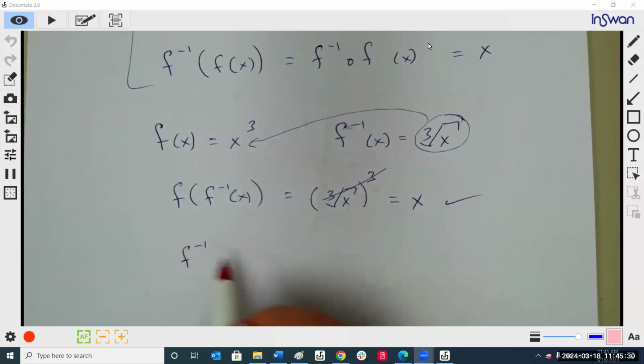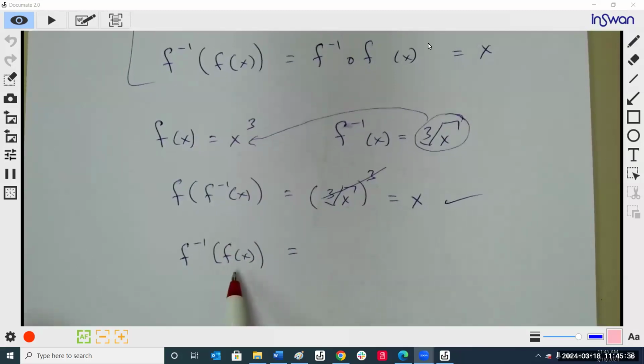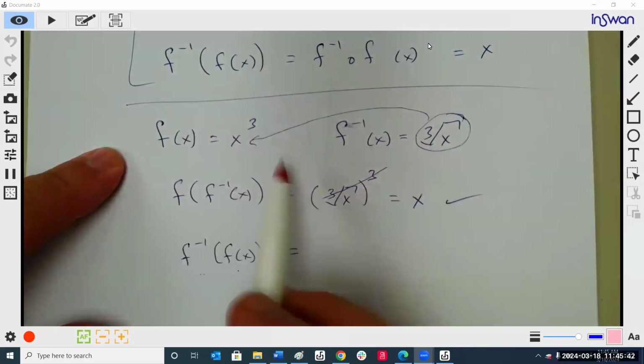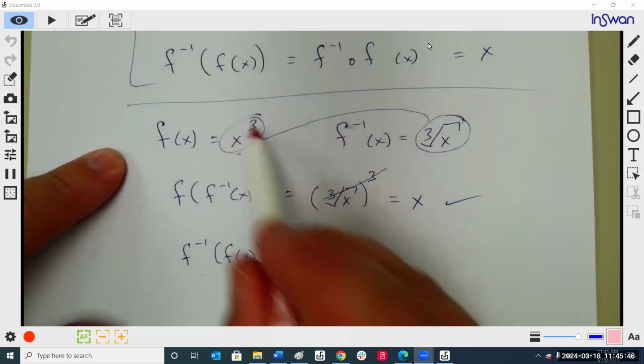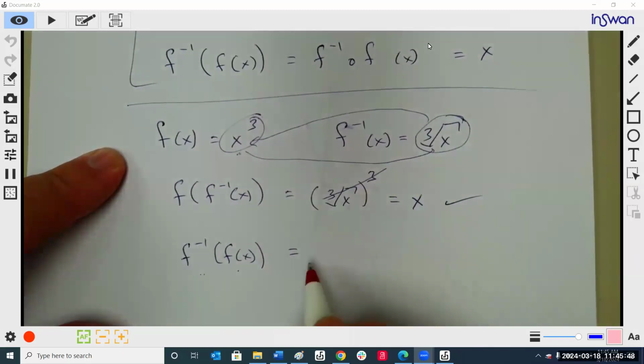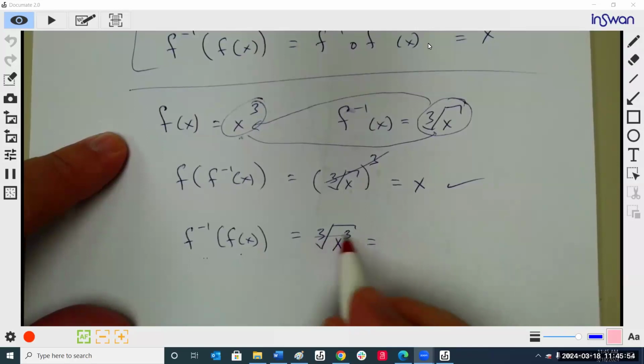Then you have to check the other direction. Put the original function inside the inverse. So the original function is that. Put this inside of here. And they cancel.